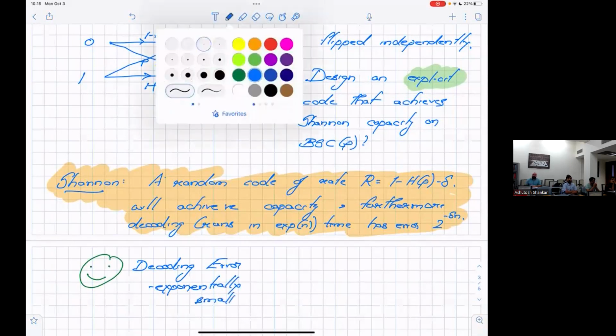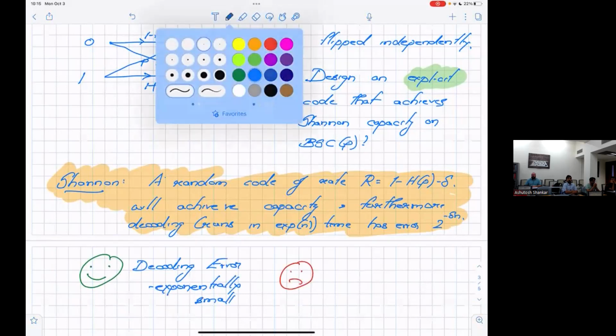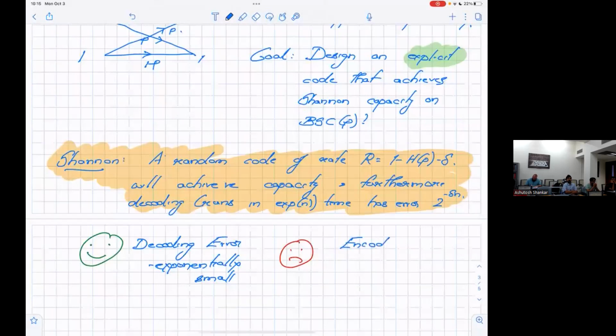And the bad aspects of this code are the fact that the encoding and decoding are in exponential in n time.